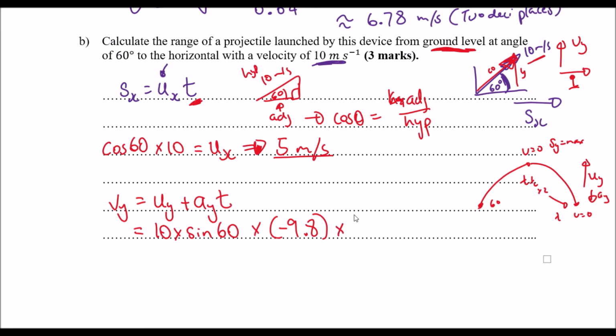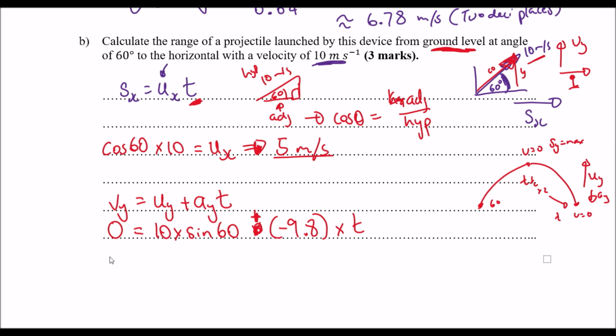And then from there, we should be able to work out the trip time. Once we're done, we need to plug it back into this equation. Okay? We also know that Vy is going to be equal to 0 because it reaches maximum height. Okay? So that's what we're dealing with here. Just change that to a positive.